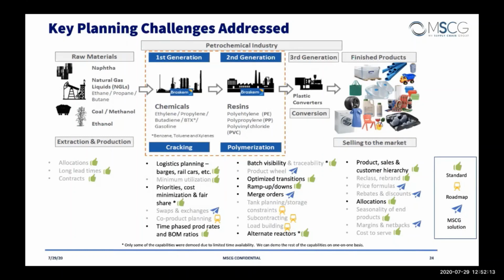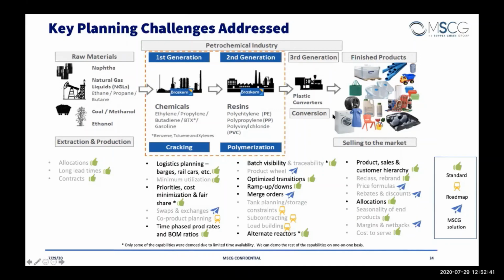We did merge orders, ramp up and ramp down of orders, and how to drag and drop to alternate reactors. We looked at product sales and customer hierarchies. We looked at allocations. Unfortunately, for some of the ones that are gray, we don't have enough time because of the time constraint, but you can contact us later and we can go through that.